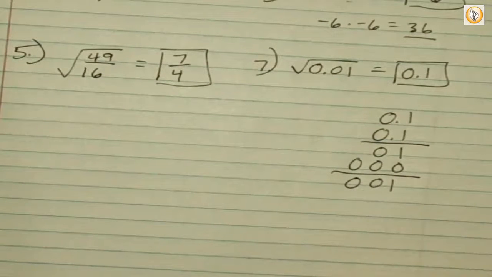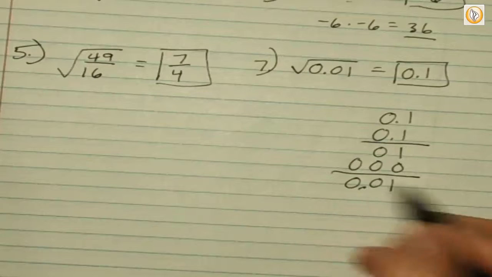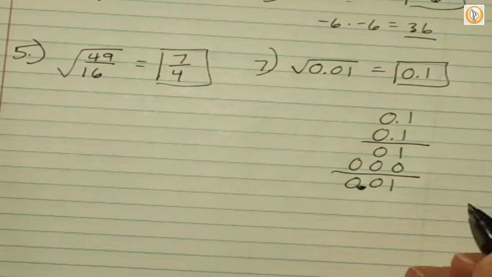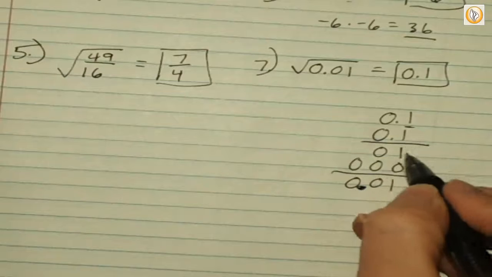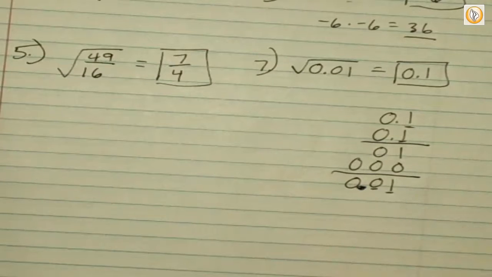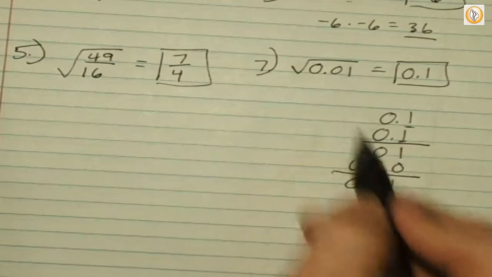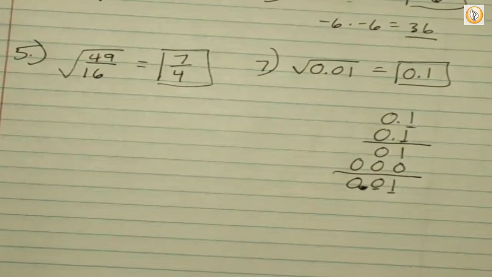It goes over there because there's 2 total places behind the decimal. And that checks. You're just going to have to play around with it. There's not a whole lot of decimals, but you're going to see them, okay? Don't be scared. You can moan and groan, but do not be scared.